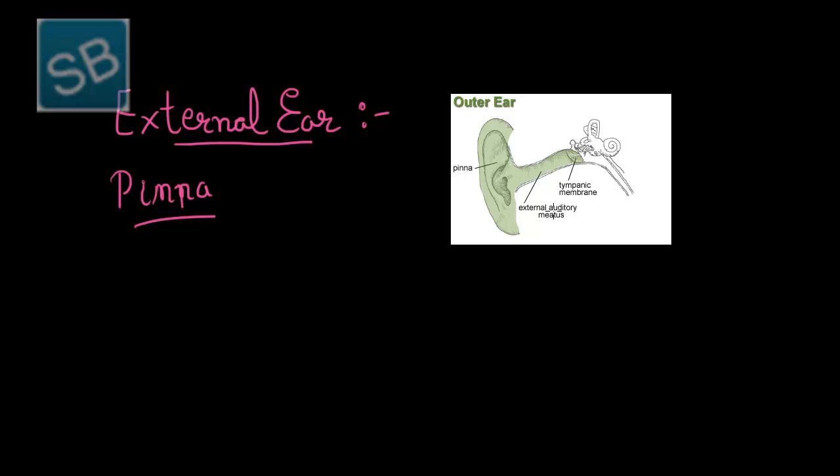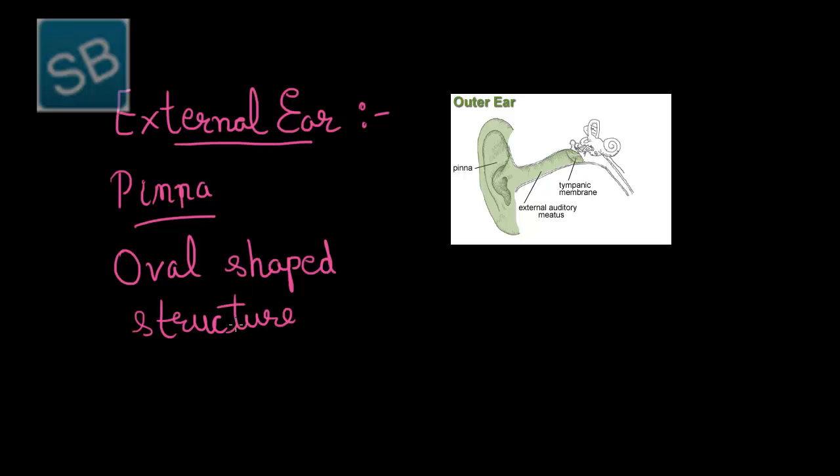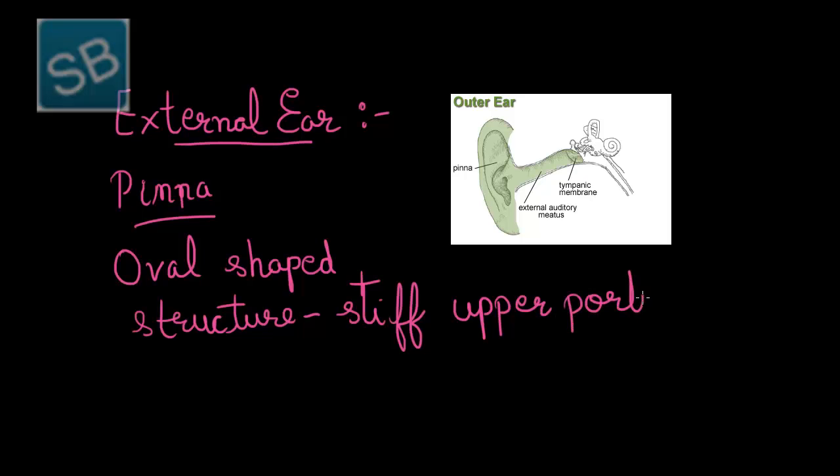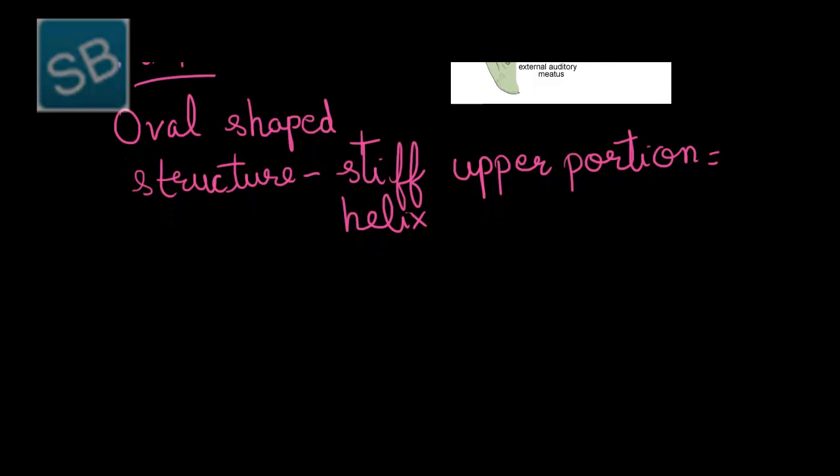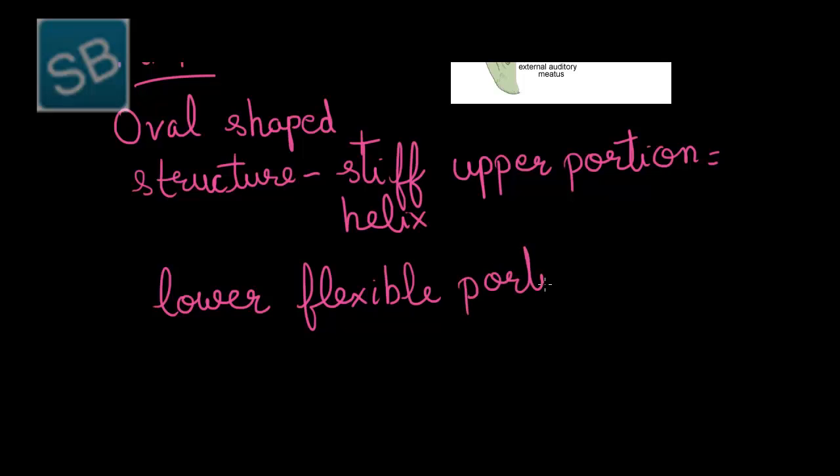Out of this, pinna is an oval-shaped structure, out of which the upper tough portion, which is rigid or stiff in nature, is known as helix, while the lower portion, that is flexible in nature, is called lobule.